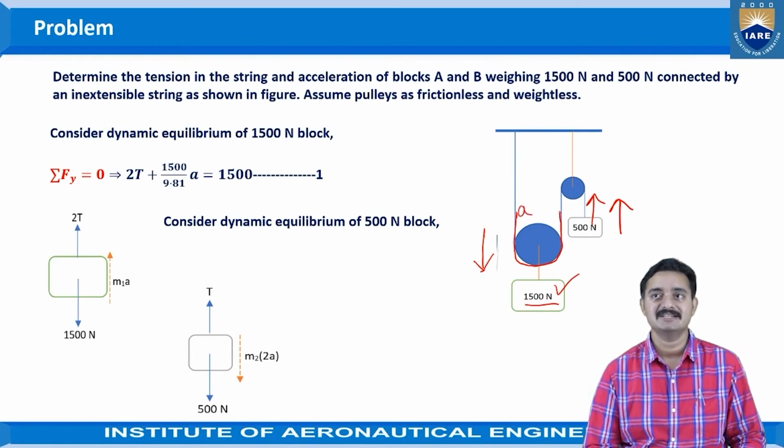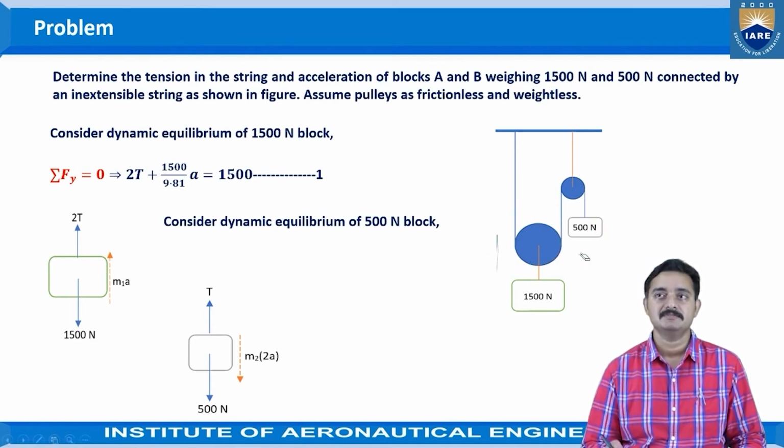Why? Because that acceleration is dragging this 500 Newton block in twice the manner. So the acceleration will be double for the 500 Newton block.